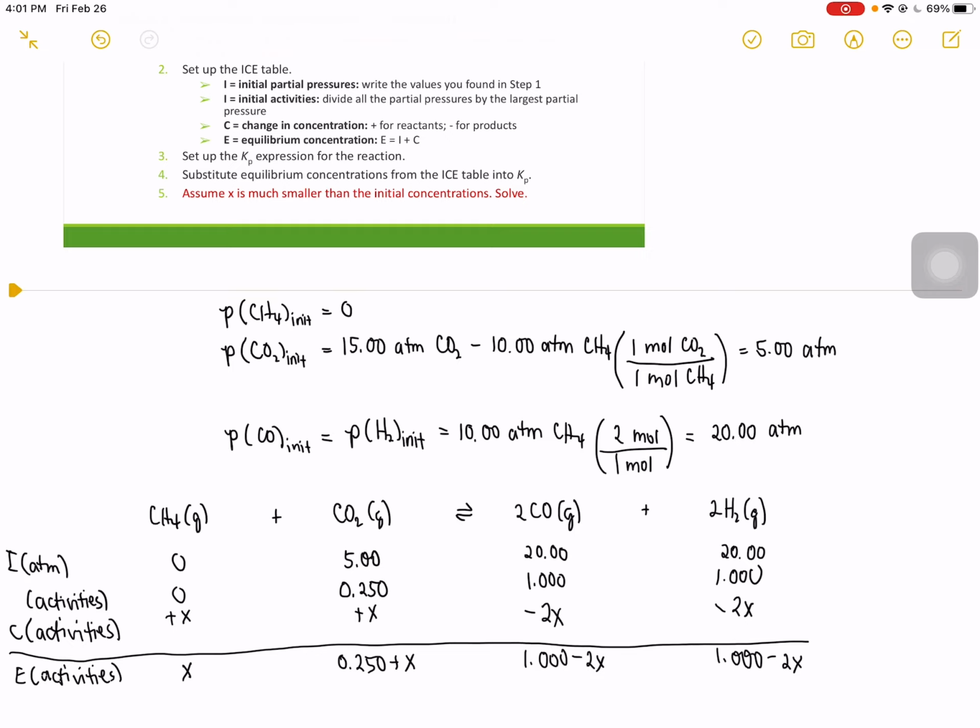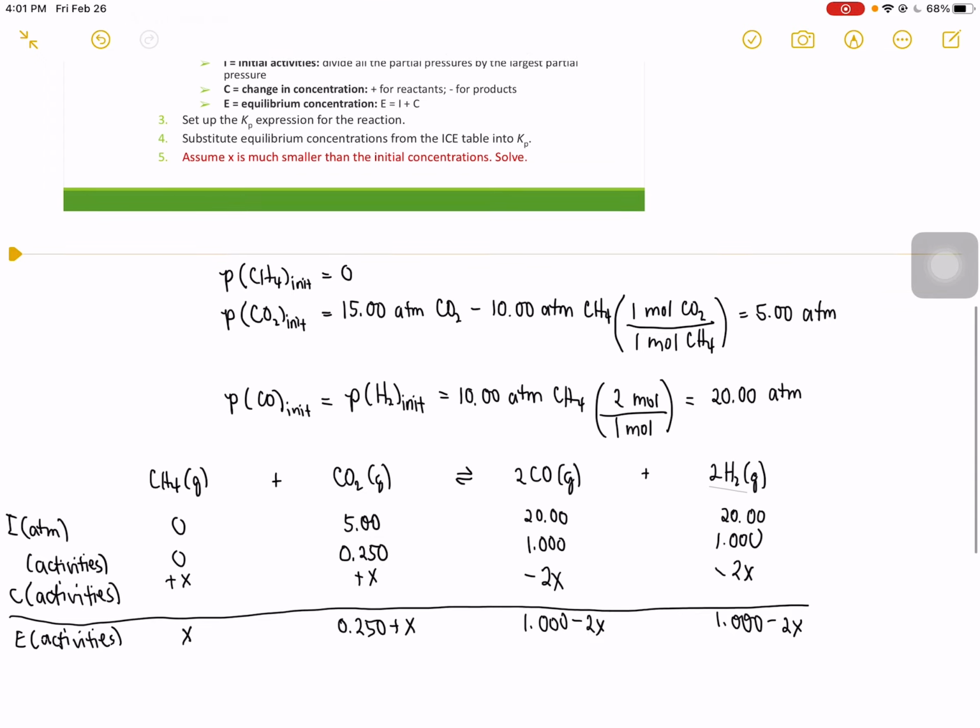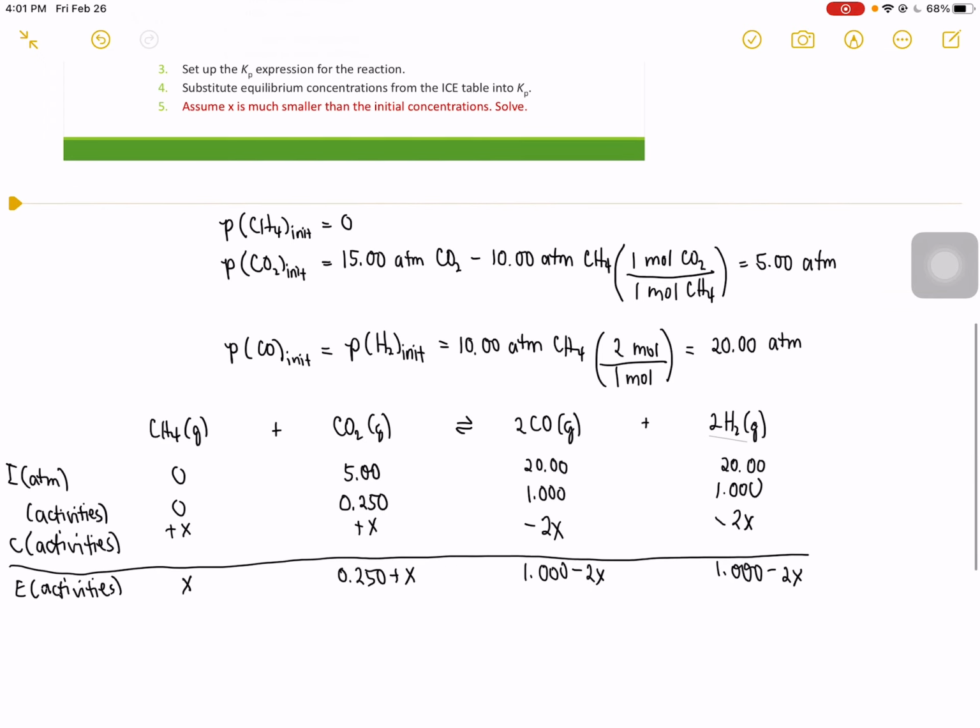Now with our ice table already set up, we are now ready to write our K sub P expression for the following reaction. So that's step number 3 in our guide. And we now do that to give us the following.